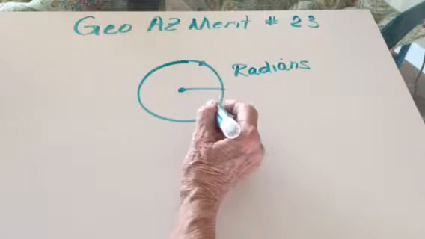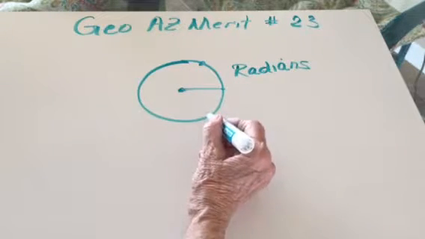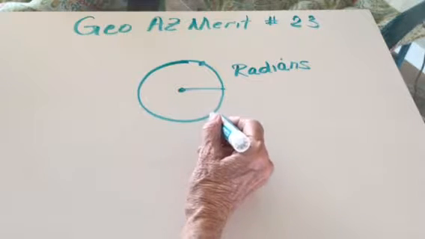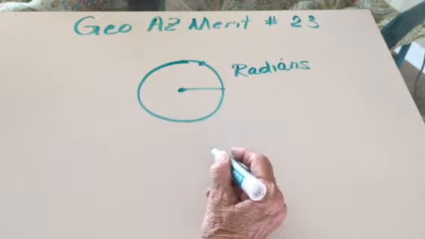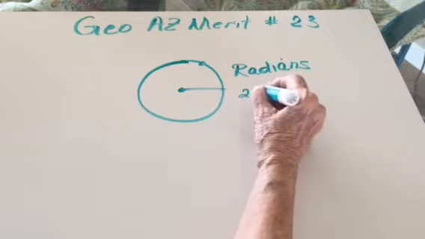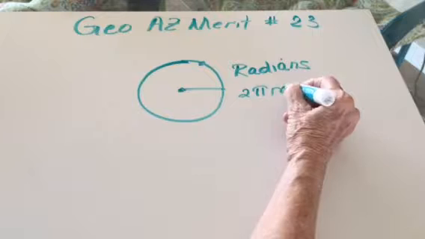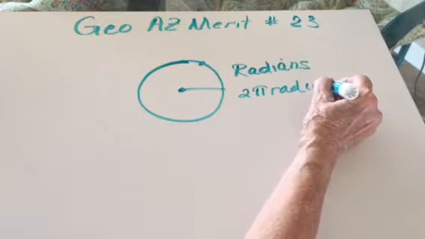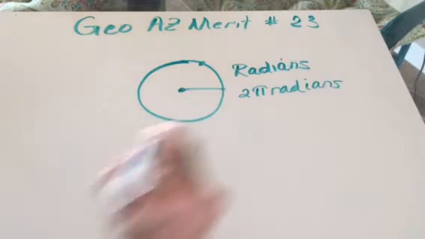So normally I say there's 360 degrees in a circle, and that is true. But another way of saying it is 2 pi radians is how many radians are in the circle.